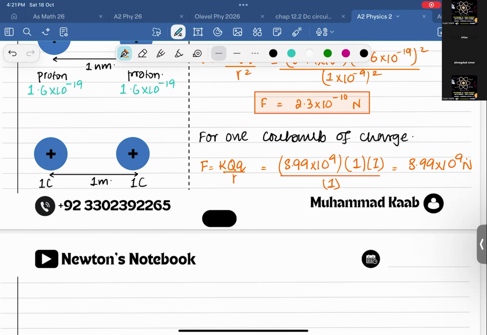And this is a huge force, and this huge force corresponds to a comparison between the electric force and the gravitational force, right?